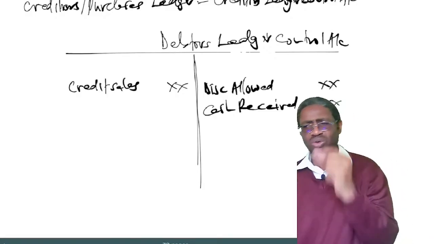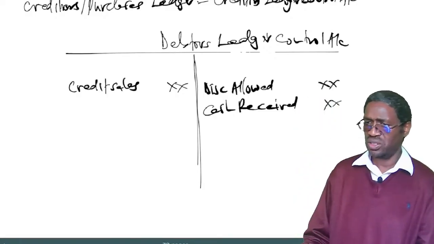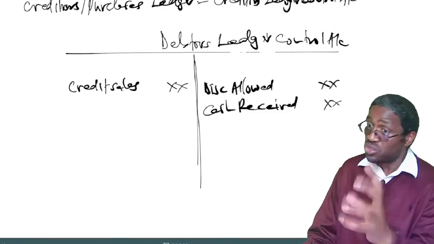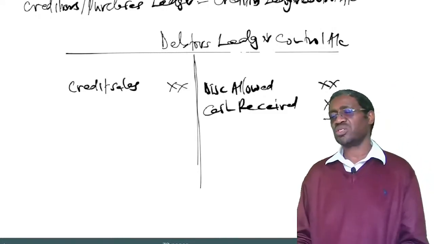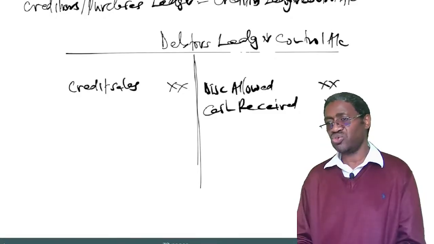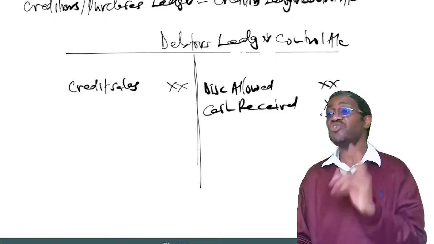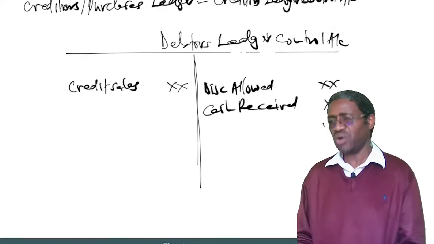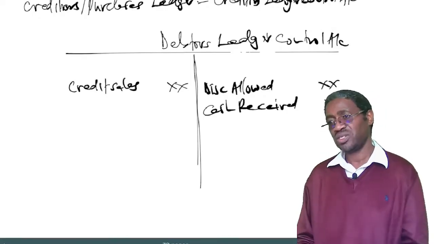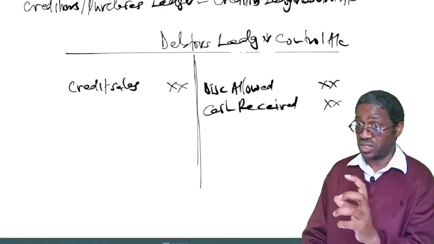When you allow your customers some discount, remember you are reducing what they owe you. When you sell goods, you debit the debtor, meaning you are charging him. Now that you are giving him a discount, he will pay you less.